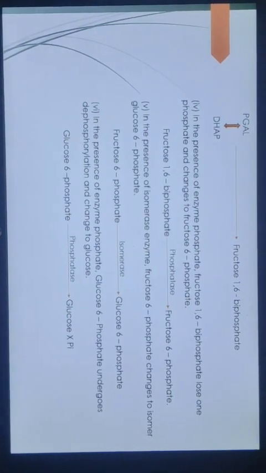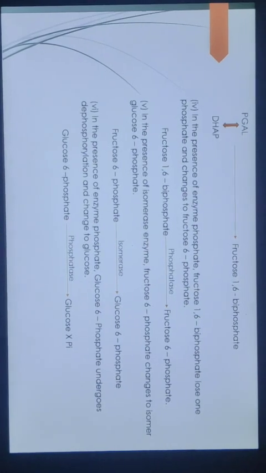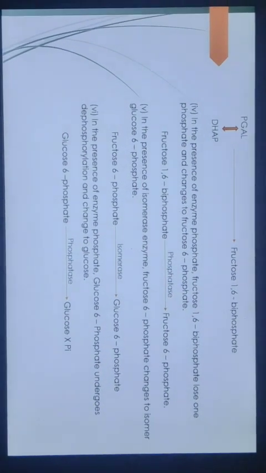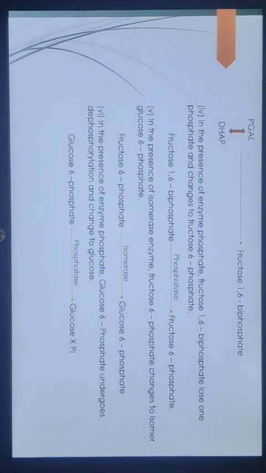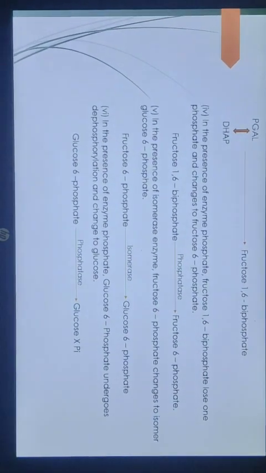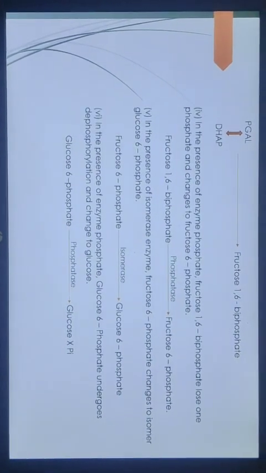Now in the next step, in the presence of the enzyme isomerase, fructose 6-phosphate changes to its isomer glucose 6-phosphate.